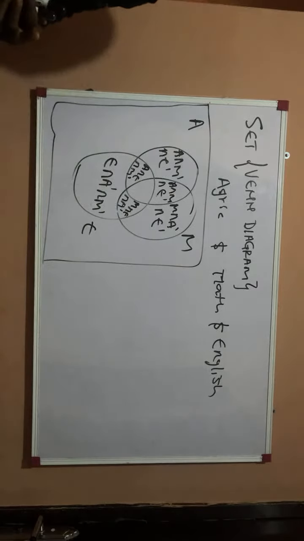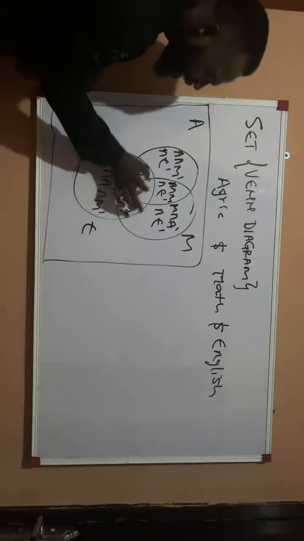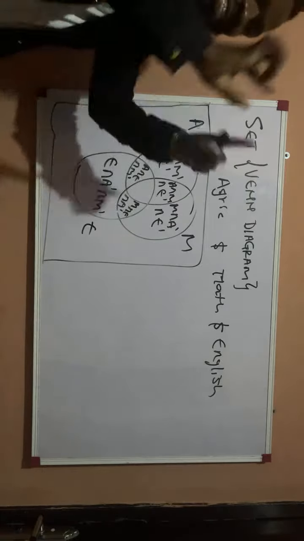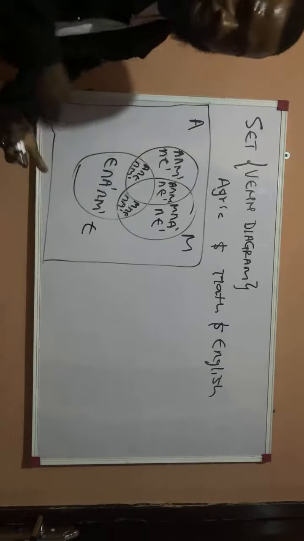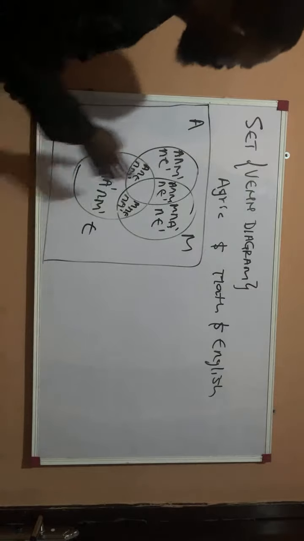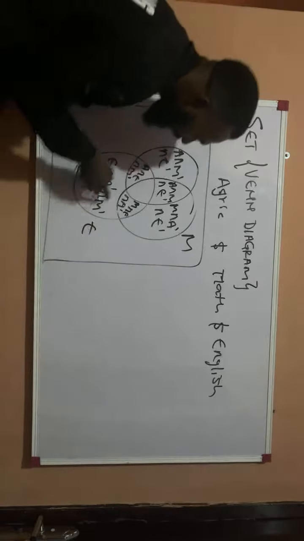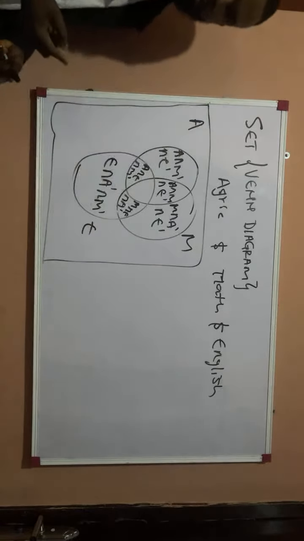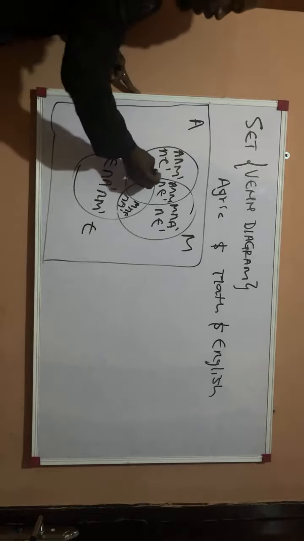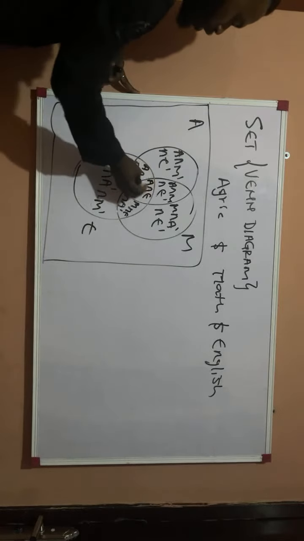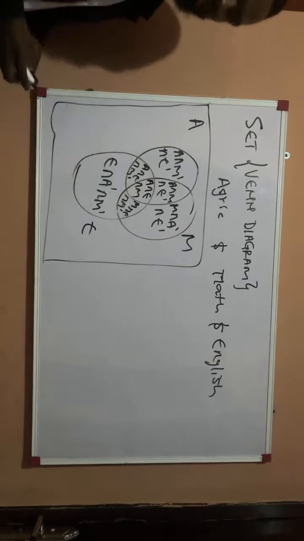Now, the middle simply refers to those that offer the three subjects, just like in the two-circle Venn diagram that we explained. So those that offer Greek, that also offer mathematics, and that also offer English are those found in the middle. So this becomes Greek and English and mathematics.